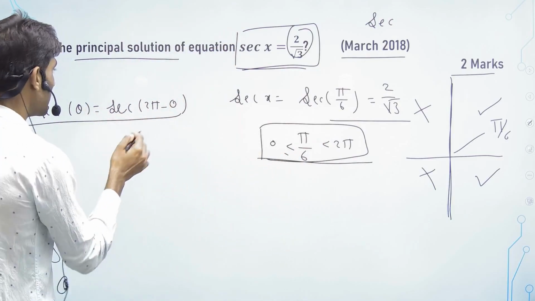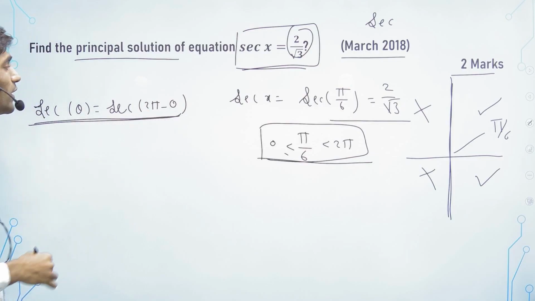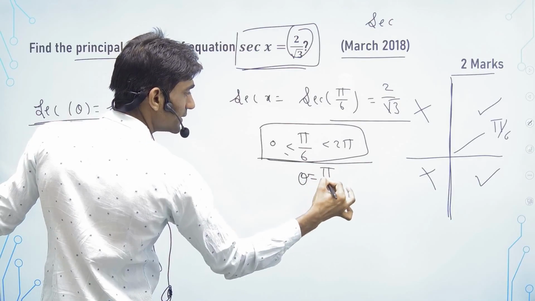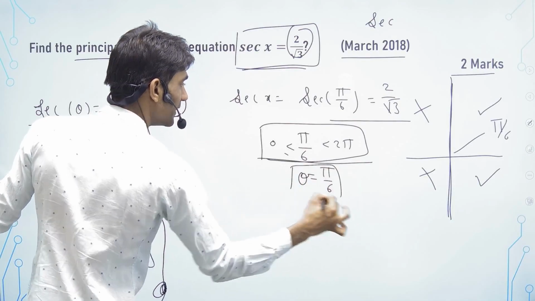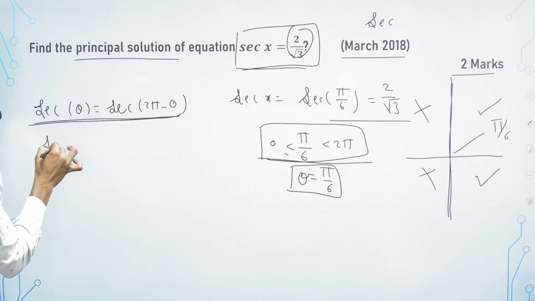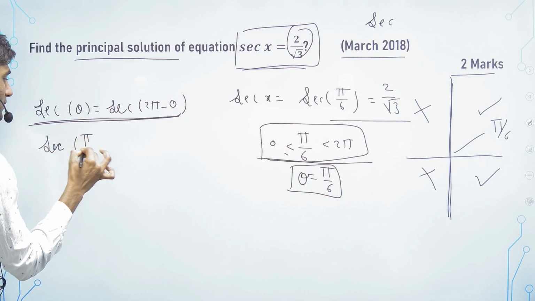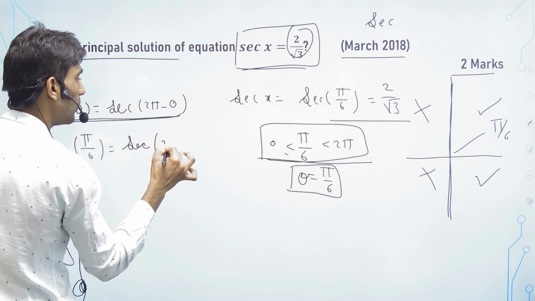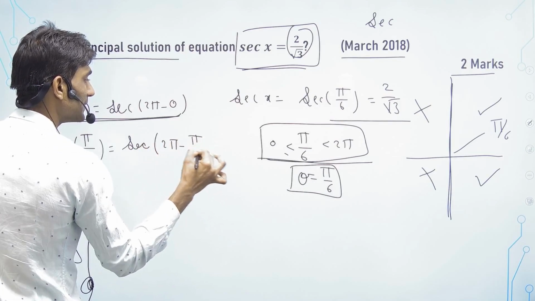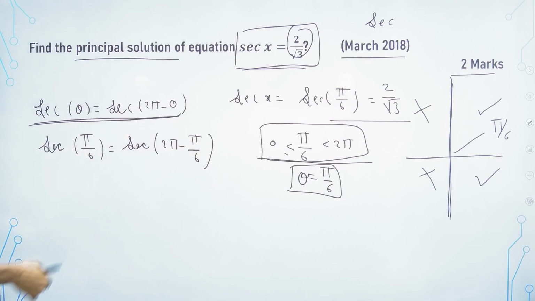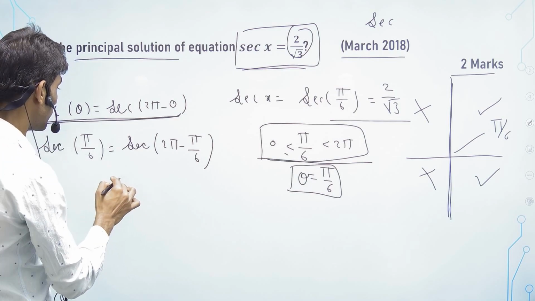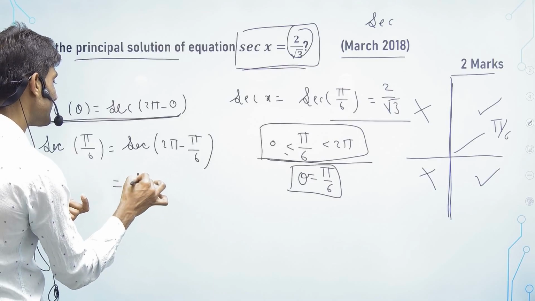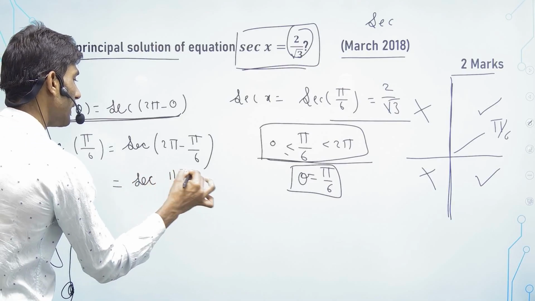So here we use sec of theta as sec of 2 pi minus theta. The theta we have here is pi by 6, so we will apply that theta and write sec of 2 pi minus pi by 6. So go for the calculation: 12 pi minus pi over 6, we'll get sec of 11 pi by 6.